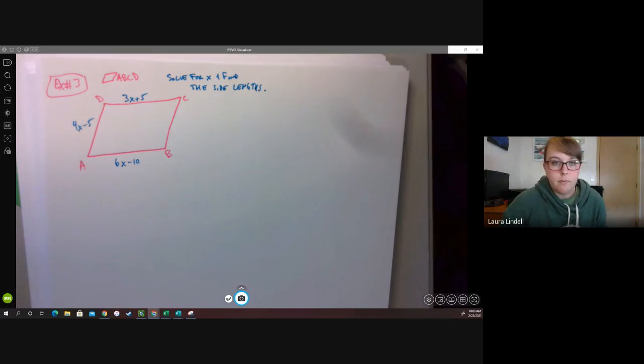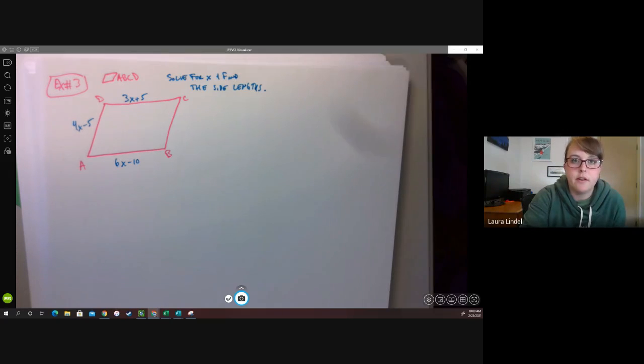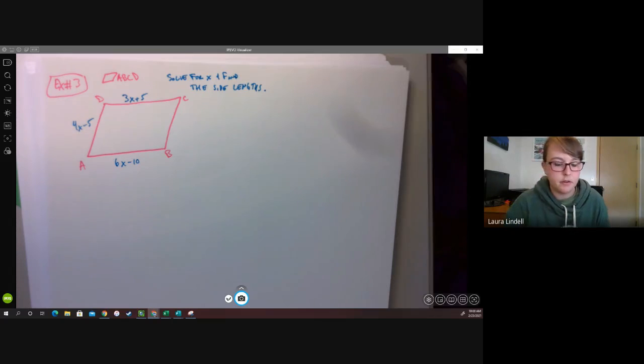Okay, so I'm going to solve for x and find the side lengths. First thing I need to do is figure out which two I can set equal to one another. Because they're sides, and we know that both pairs of opposite sides are congruent. So which two should I set equal? Any suggestions?